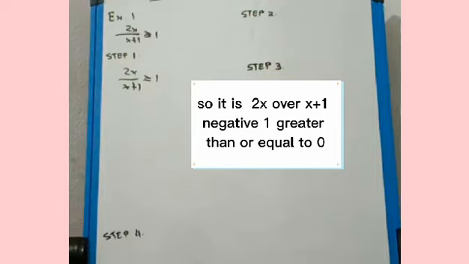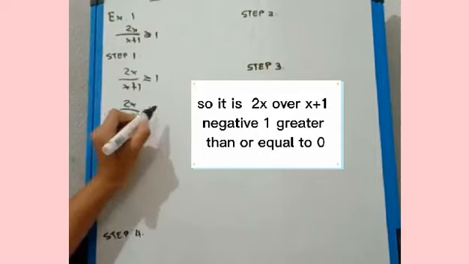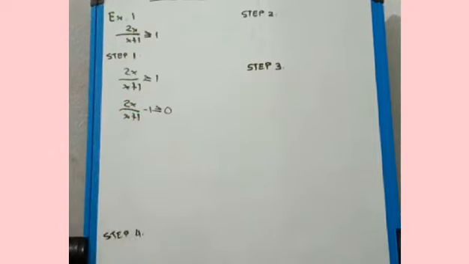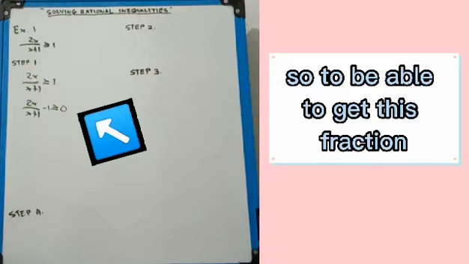So it is 2x over x plus 1 minus 1 is greater than or equal to 0. The positive 1 turns to negative 1. To combine into a single fraction, get the LCD, which is x plus 1.